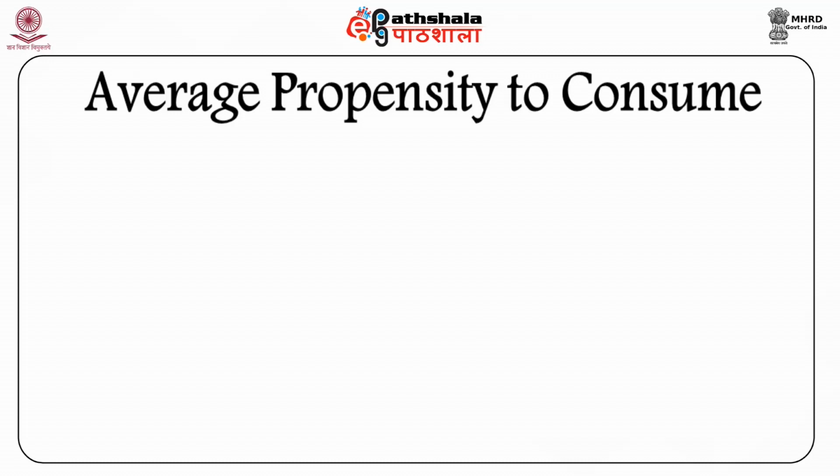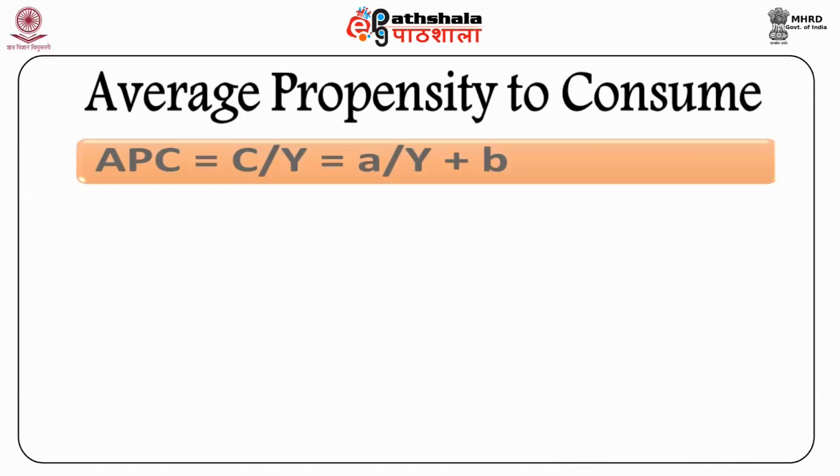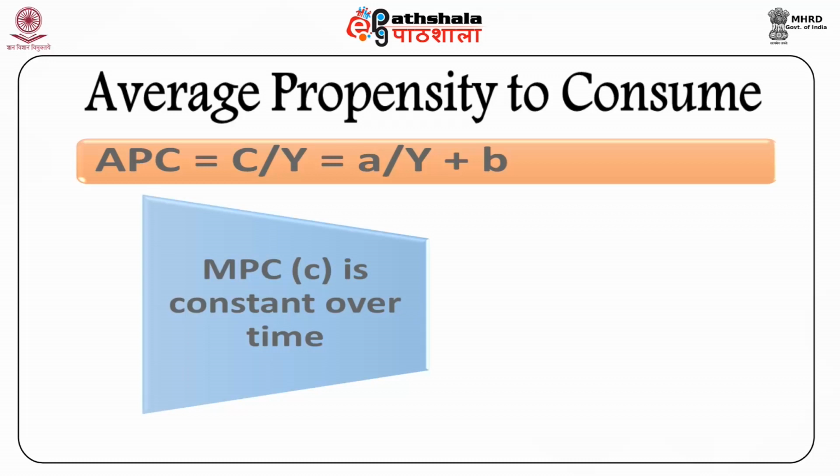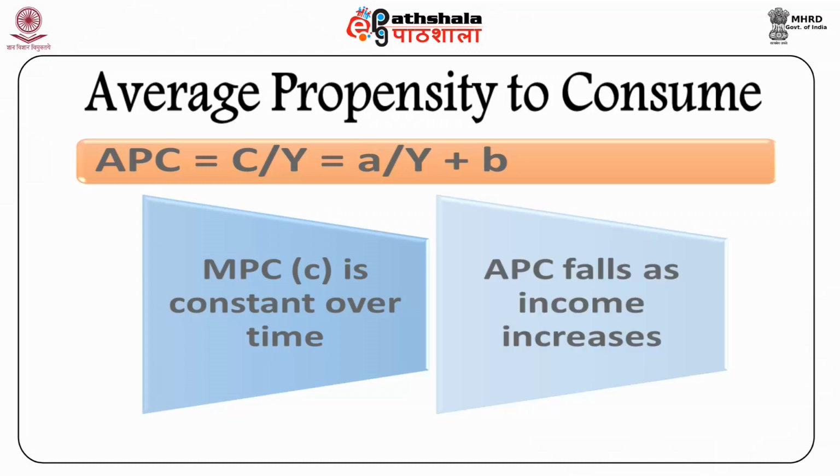The average propensity to consume is consumption divided by income Y. That is, APC is equal to C upon Y, which is equal to A upon Y plus B. MPC is constant over time, but APC falls as income increases.